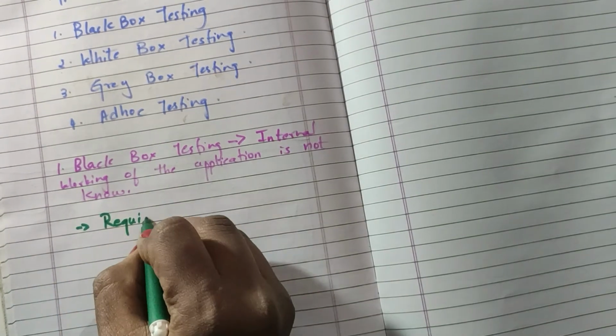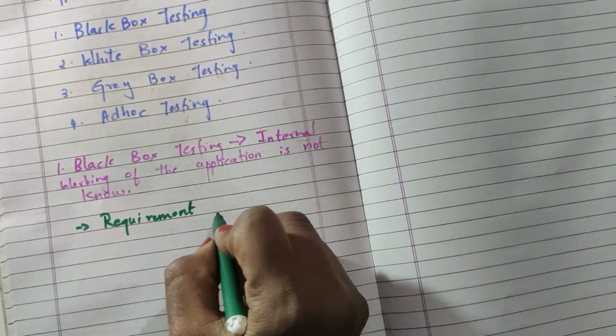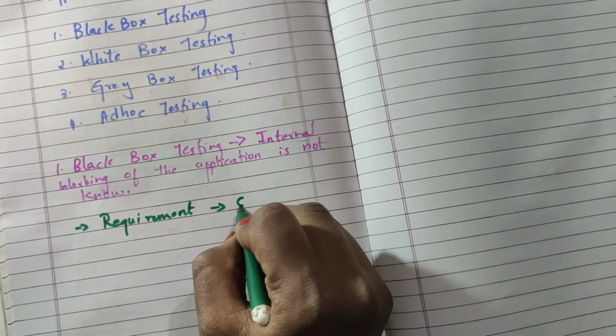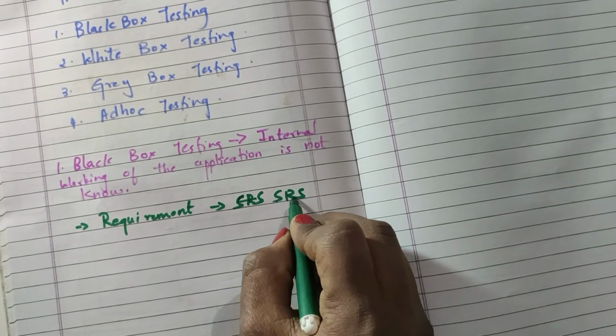If you look at a real scenario, how is black box testing done? The first thing the tester does is gather the requirement, exactly what needs to be tested, by gathering the SRS, the software requirement specification.